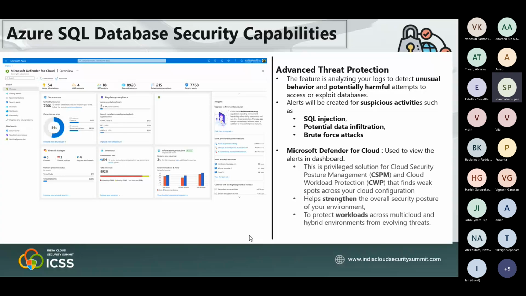We have a very nice dashboard. Once we configure that, we can find out how secure our data is and what regulatory compliance we have. We simply configure that information and you can monitor it. That's very important, right? This specifically strengthens the overall security posture for your environment.